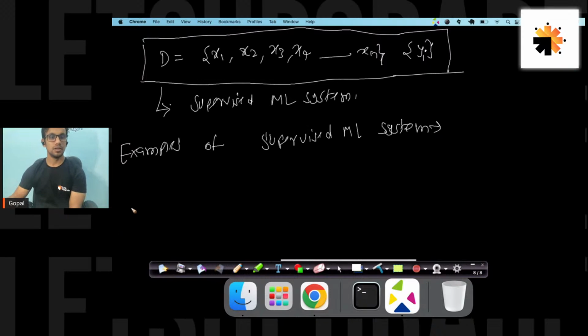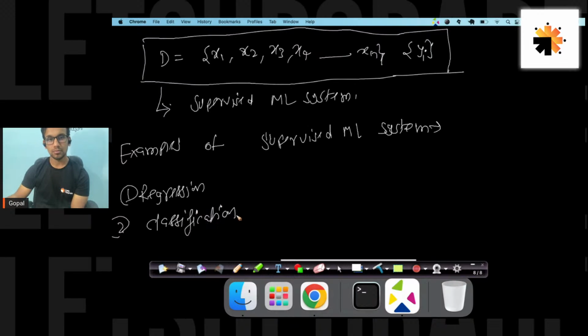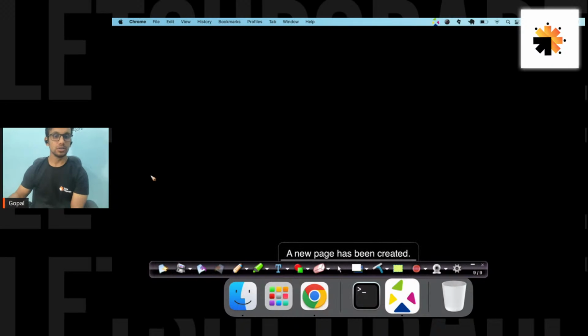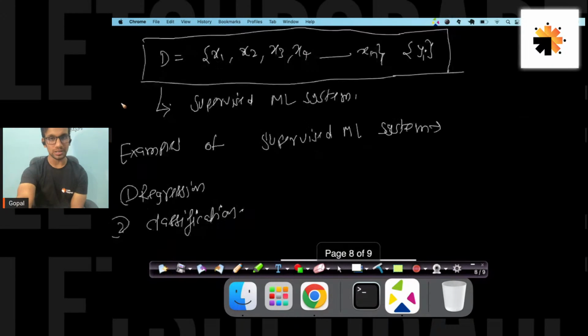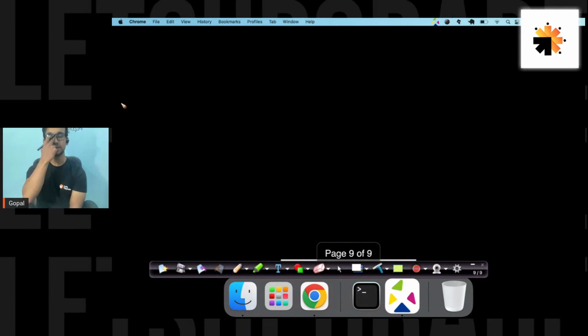The first one we are going to understand here is regression, because this is the very basics of your supervised learning system, and classification. These are actually important, guys. So for regression, what exactly is it?